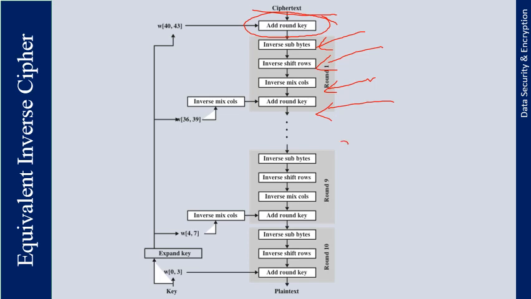Similarly, in each round we repeat the same sequence, and at the end we get our plain text. This is because the add round key transformation is interchanged with the inverse mix column to produce the equivalent decryption algorithm.